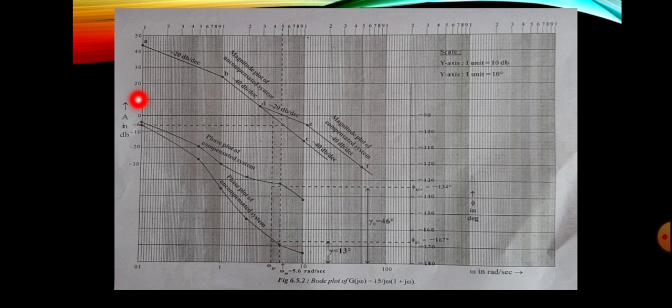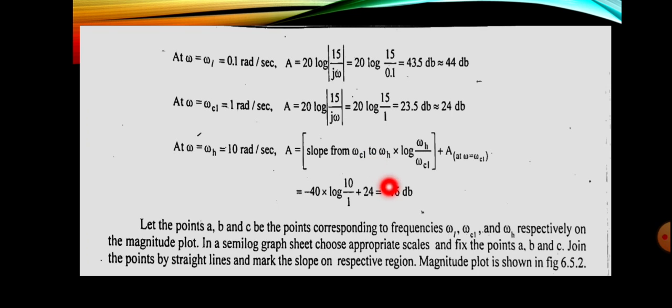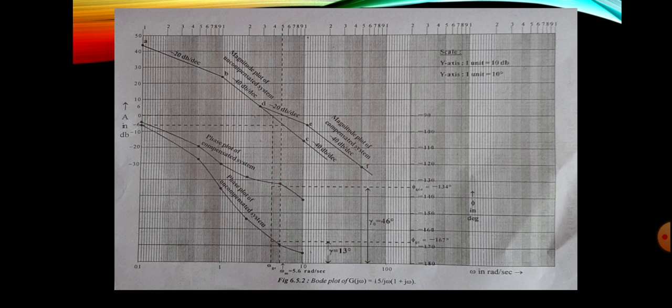Then you can use a linear scale for the y-axis division, that is 10, 20, 30, 40 and 50. Up to that reading, because the maximum reading is 44. At the lower side, the negative value is only minus 16. So you can mark minus 10, minus 20 alone. No need to mark other points, okay.